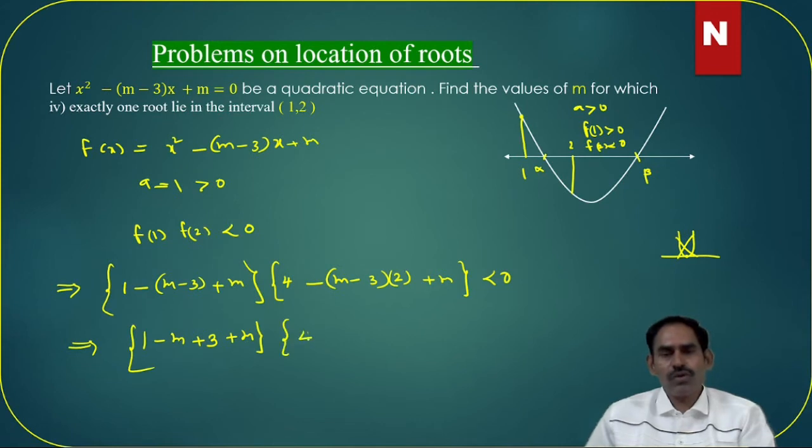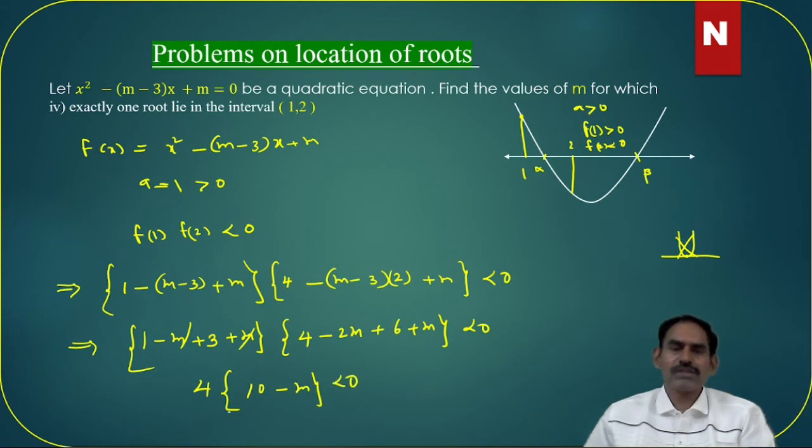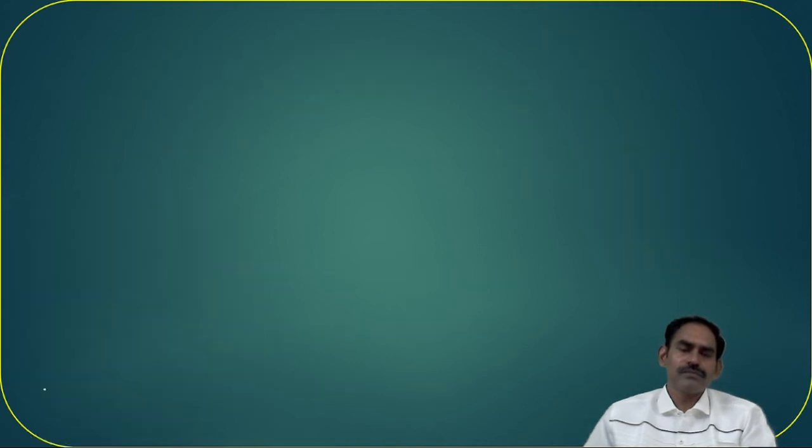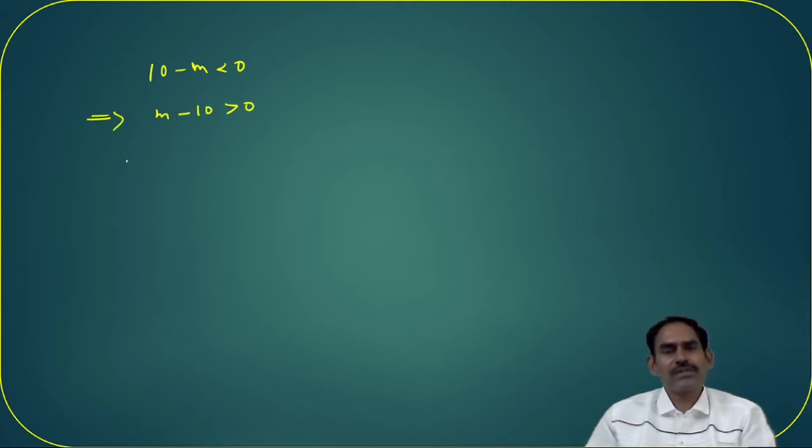Next, this is 4 minus 2m plus 6 plus m less than 0. Here m gets cancelled. So finally this is 10 minus m less than 0. Here clearly 4 is positive, that's why it should be negative. So 10 minus m is less than 0, m minus 10 is greater than 0, m greater than 10. That implies m belongs to the open interval 10 to infinity.